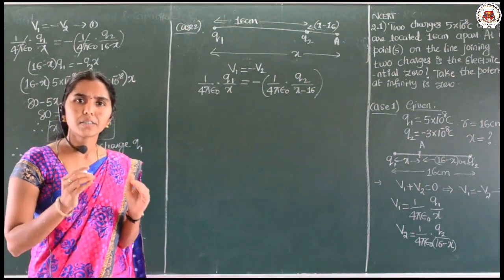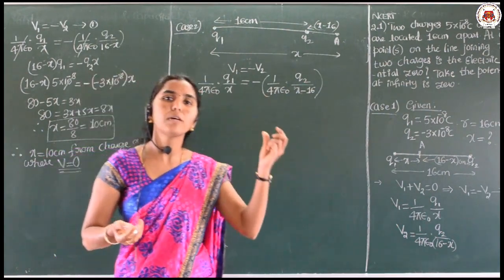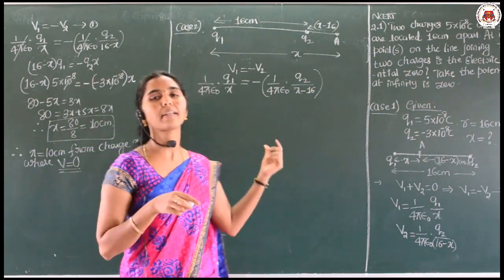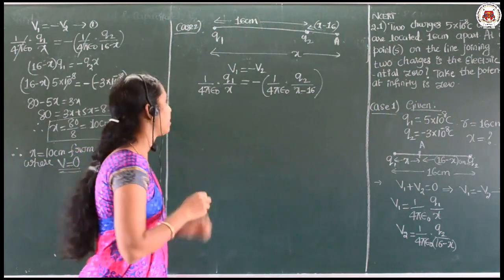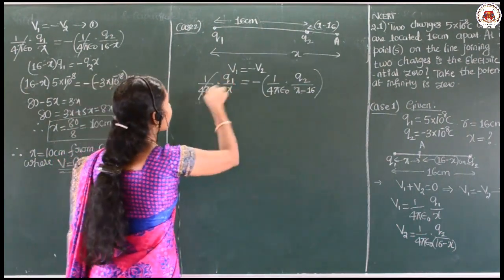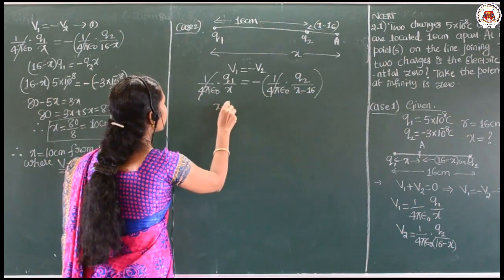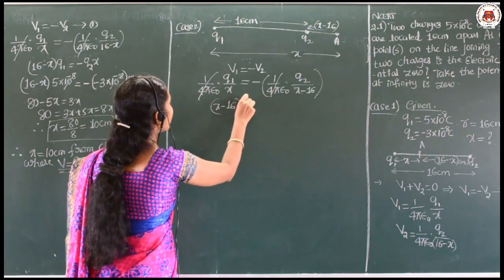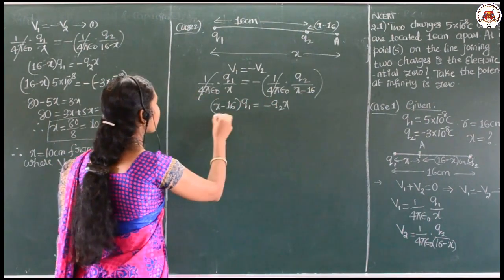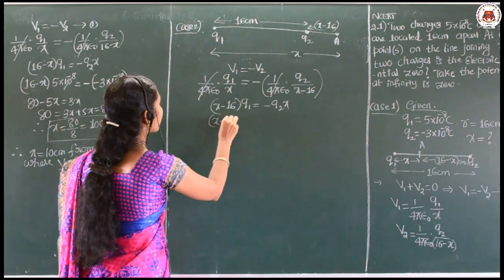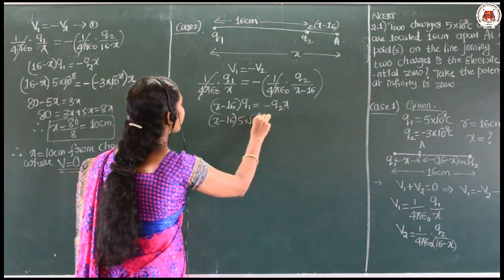See dear children, for your clarification, in case 1 you can use the term x1, and in case 2 you can use x2. It is left to you, right? Yes. Then again cancellation. So, x minus 16 into q1 equals minus q2 x. Again substitute the q1, q2 values and simplify this.